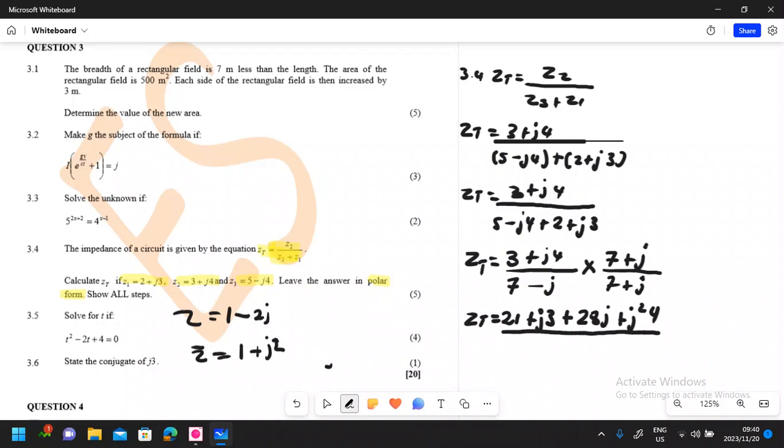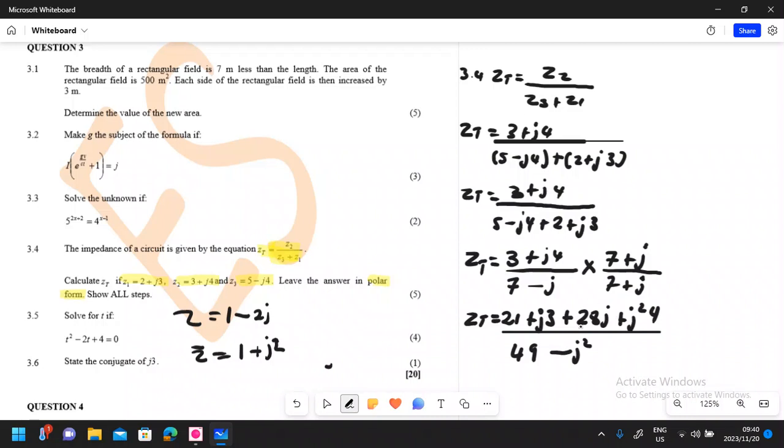Okay guys, this is a difference of 2 squares, so I'm not going to do the multiplication here, but you can do the FOIL. You can multiply throughout, but I know that this is going to be 49 because it's a difference of 2 squares, guys. The first one is negative, the second one is positive, so it's 7 squared minus j squared.